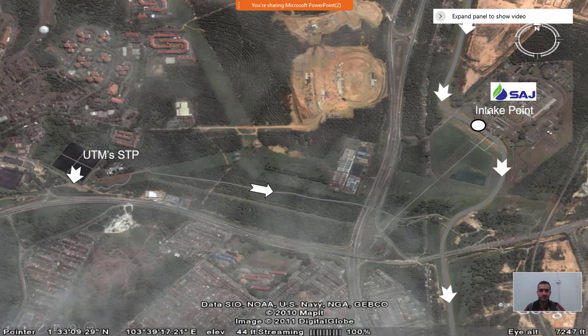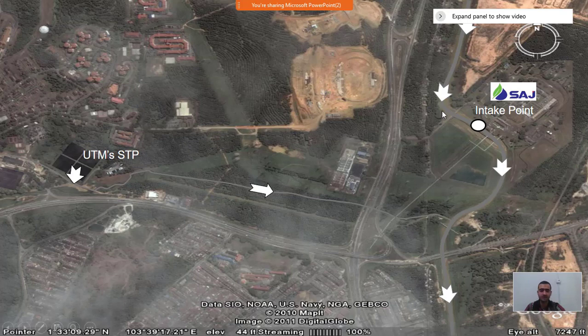Intake means the point of collecting water and distributing it to the people. So the intake point comes in the upstream and the discharge point comes in the downstream, which means that moving with the river, the intake point comes before the discharge point.